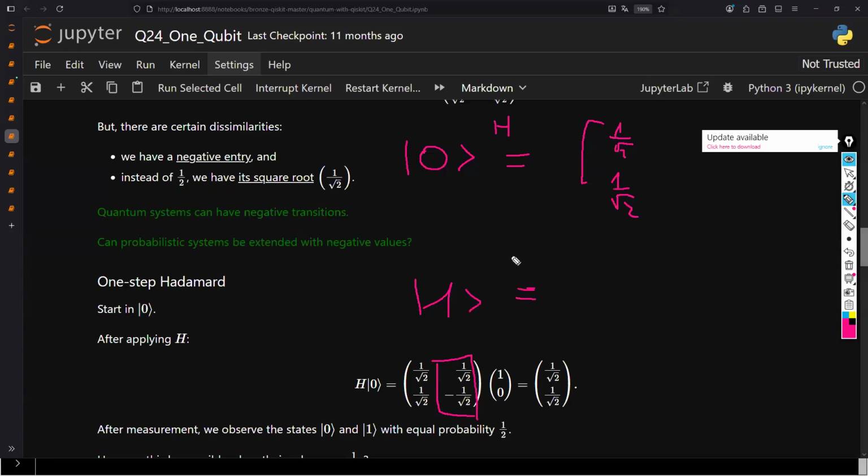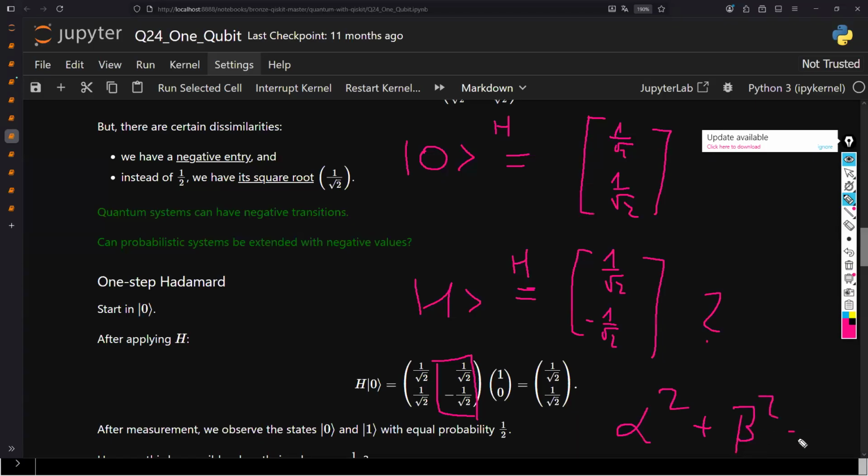And after applying Hadamard, what is the result? Well, 1 over square root of 2 and negative 1 over square root of 2. Is it actually correct? In terms of our computation, it actually is, because what we care about ultimately is that the squares of amplitudes sum up to 1.